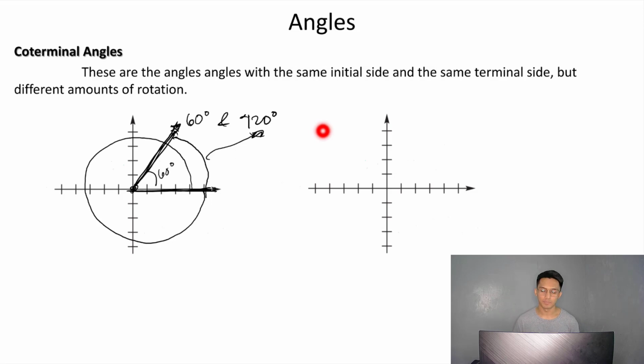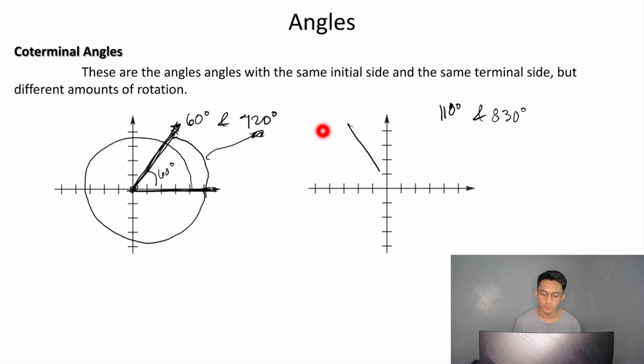Another example, if we compare 110 degrees and 830 degrees. So, ilang rotation ang meron sa 830 degrees compared to 110 degrees. So, let's say, for example, nandito sa gawin na to yung ating 110 degrees.